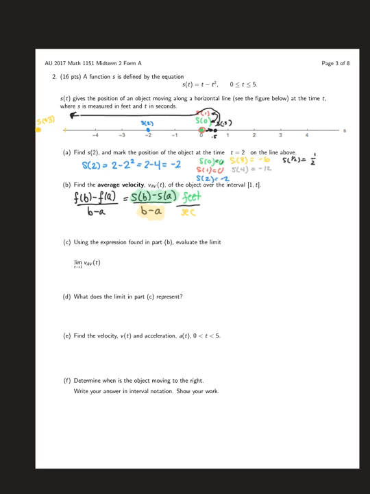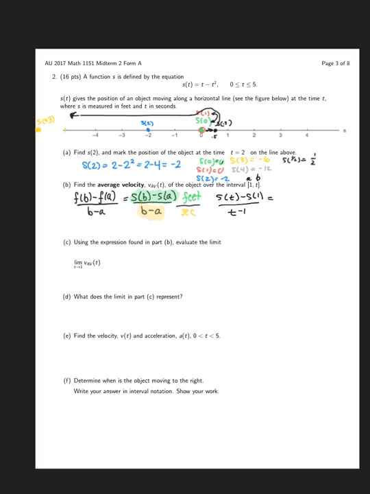So what we're going to do now is just plug in S of B minus S of A over B minus A. So here we'll say that A is equal to 1 and B is equal to t. So it's going to be S of t minus S of 1 over t minus 1.